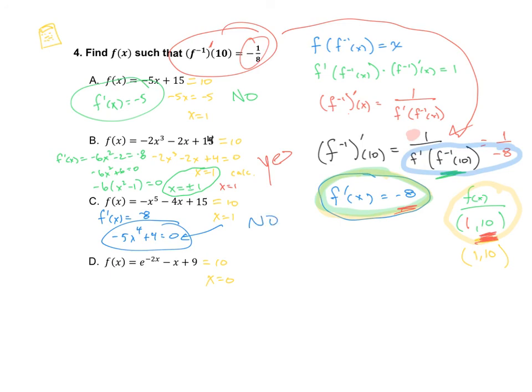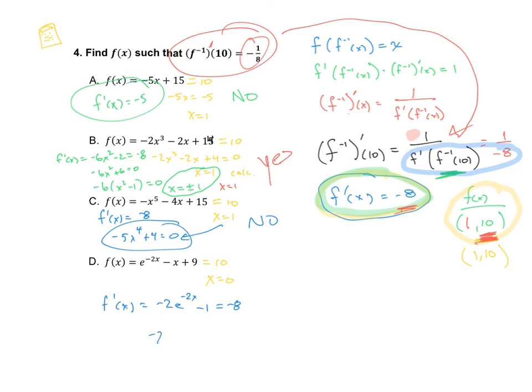And this one's just goofy enough. The answer to this, again, would be x equals 0. If we let this equal 10, the answer would be x equals 0. When we do f prime of x, we get negative 2e to the negative 2x minus 1. And we want to know, can that derivative equal negative 8?